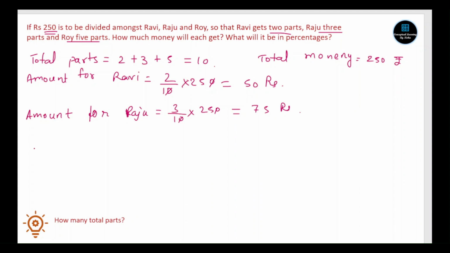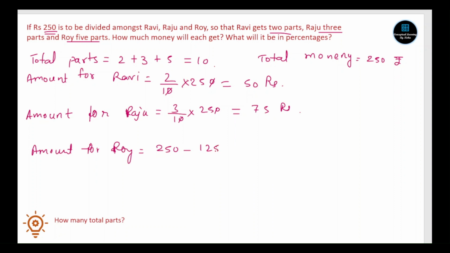Now for Roy, you can find this in the ratio way also. Amount for Roy is equal to 250 minus, you can add these 2 also.